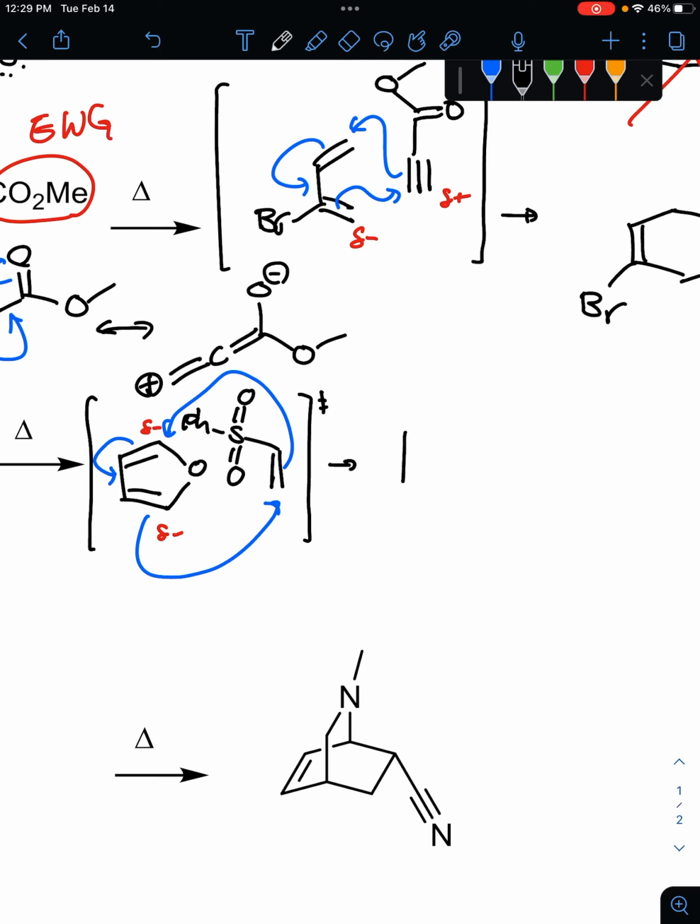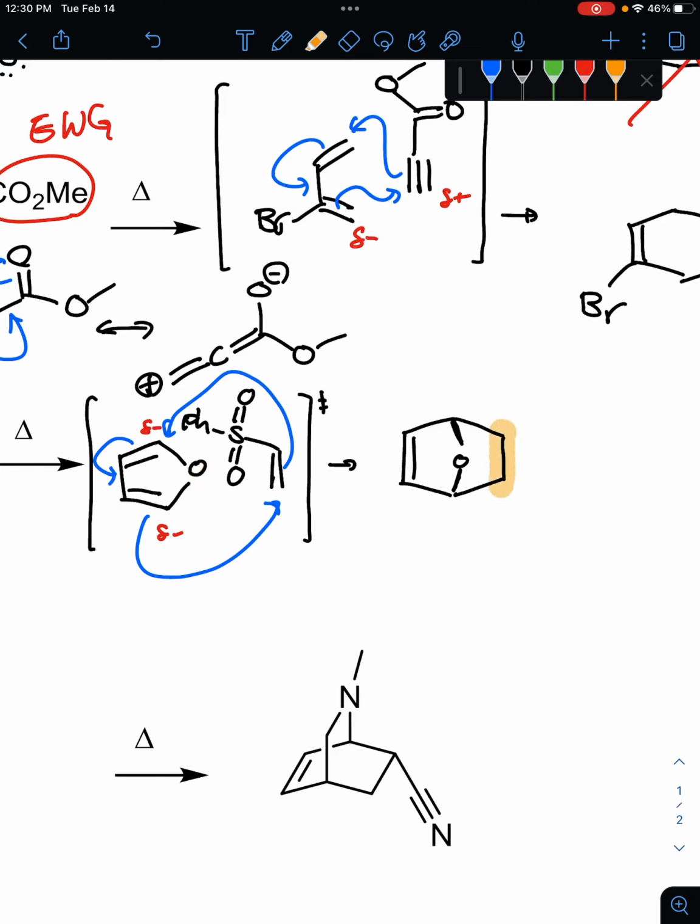And I'm going to draw the product in a kind of newbie way first, which is that a Diels-Alder reaction always results in a cyclohexene, right? The only thing is here the 2 ends of the cyclohexene are bridged by that oxygen right there. So that's that oxygen, right?